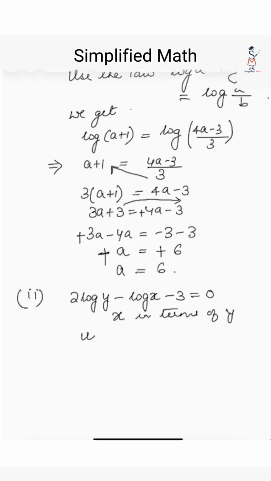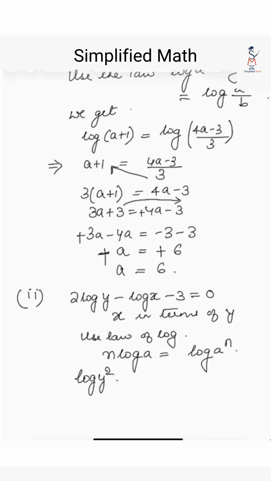Now again use the law of log. So what is the law? n log a is log a raised to the power n. That will become log y raised to the power 2 minus log x, and let's take minus 3 to the other side, it becomes 3.